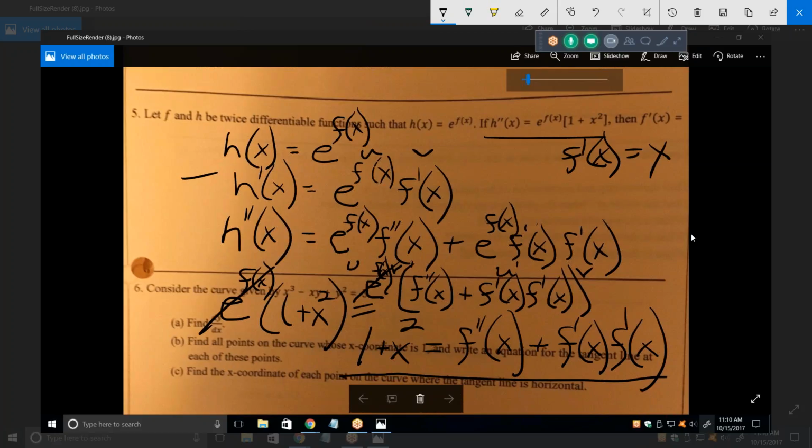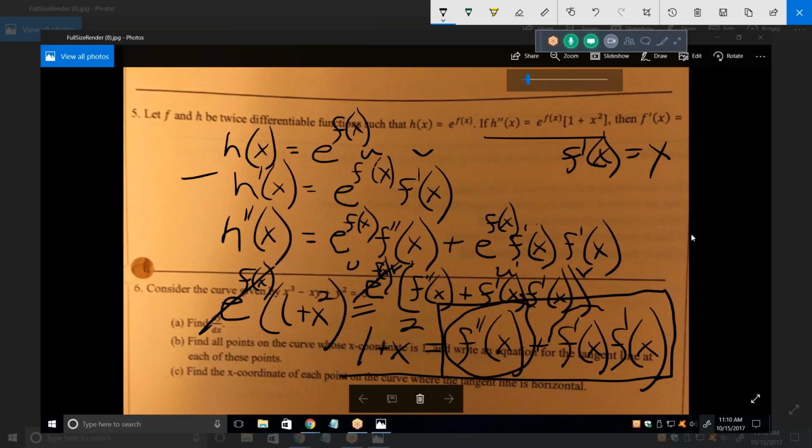Now, what would this bottom line be? In other words, what would that equal if that were true? Would it be 1 plus x squared? In other words, f double prime of x is going to be 1.